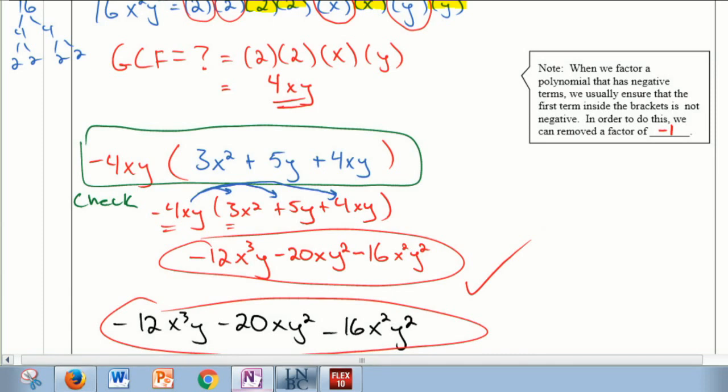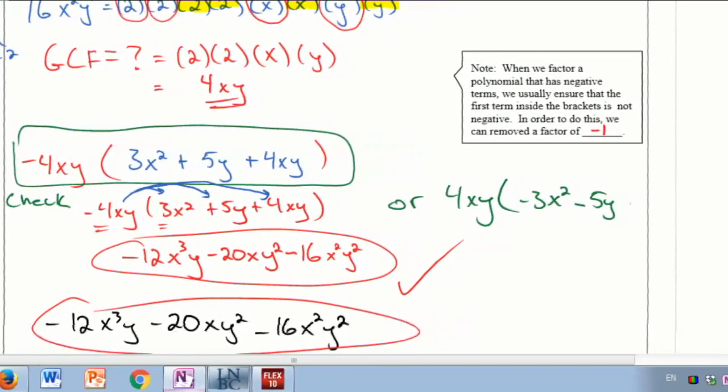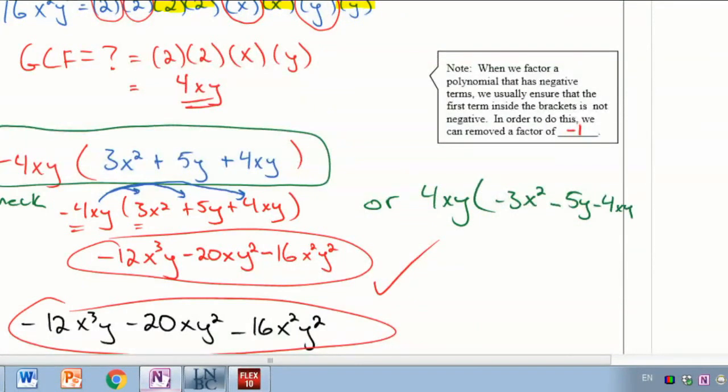You probably could have ended up with 4xy on the outside, -3x squared, minus 5y minus 4xy. And you can see that this answer is very similar to this answer here, but my signs are flipped.